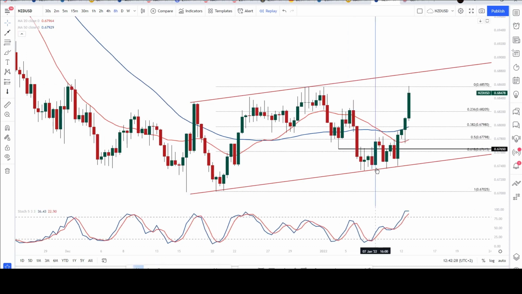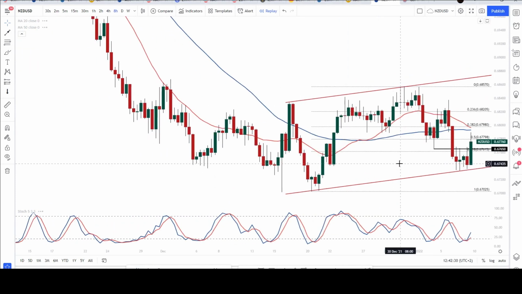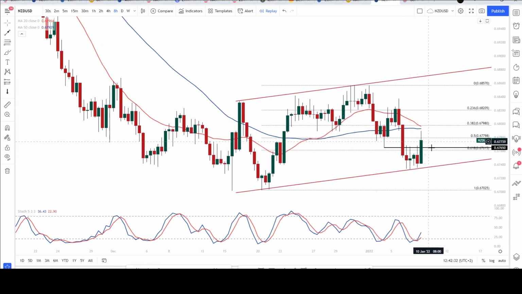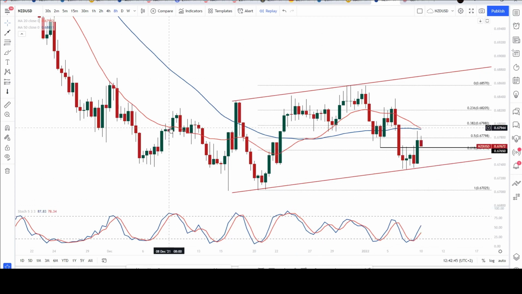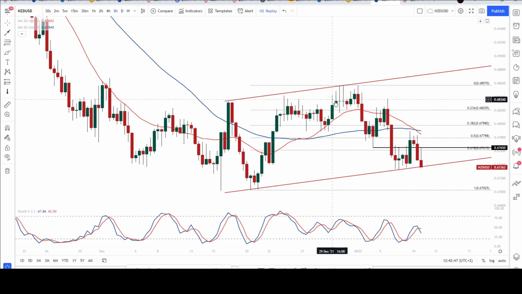But when the market is here, there is no way of knowing if it's going to go to the trend line first. So you just have to keep on trying this. You can't wait for the market to come down to the trend line and trade. This is something that new traders often do when they look at the charts and think, okay, I would have done this and I would have done that.